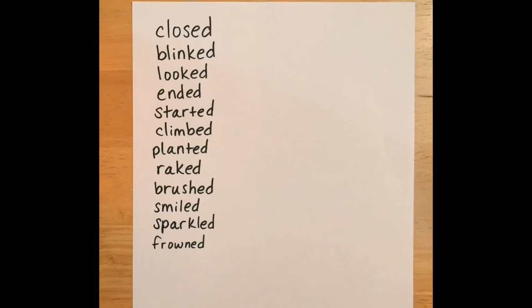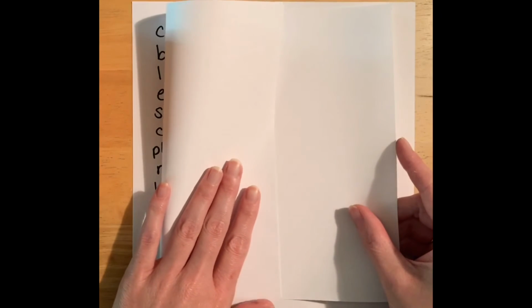Now, you're going to sort these past tense verbs into verbs where the ed sounds like the letter D on the end, verbs where the ed sounds like a letter T on the end, and verbs where the ed makes the sound of a short E plus D on the end. Here's what you'll need: a piece of paper and something to write with. You're going to fold your piece of paper so that you have 3 columns.